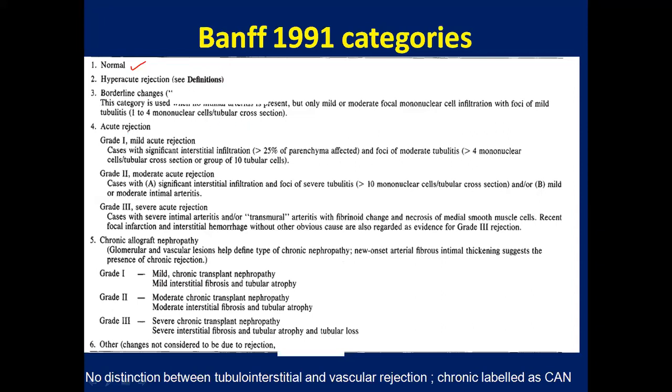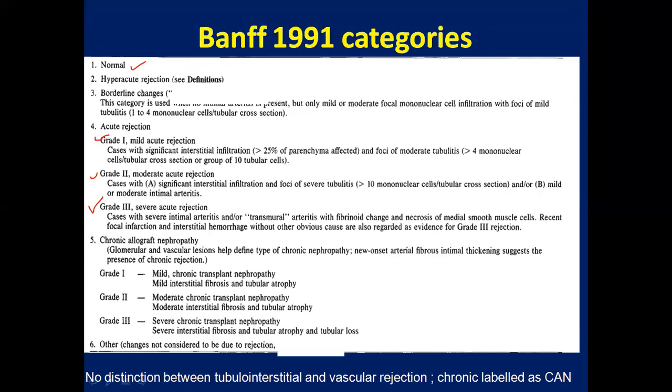The fourth category was acute rejection. And if you look carefully, the acute rejection was graded as grade 1, grade 2, as well as grade 3. And there was no further subtyping of acute rejection, whether it is acute cell-mediated rejection, and in cell-mediated also, whether it is a tubular interstitial type of rejection or vascular rejection.